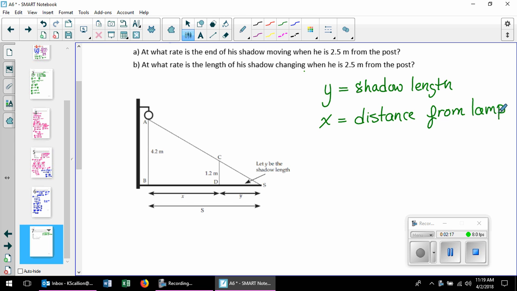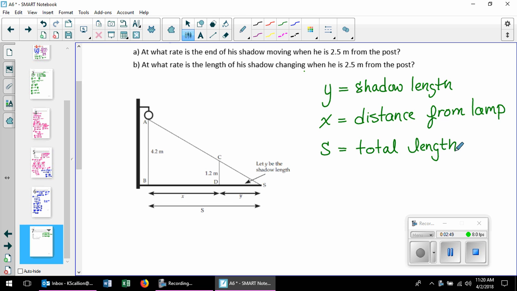Length of the shadow. So what variable is the length of the shadow? And then the next one that we have is the S. The S is total length. So that is X plus Y added together. Make sense?